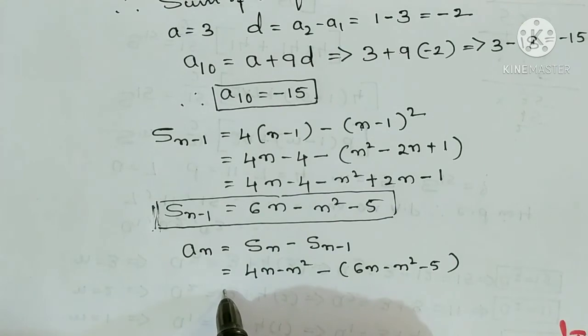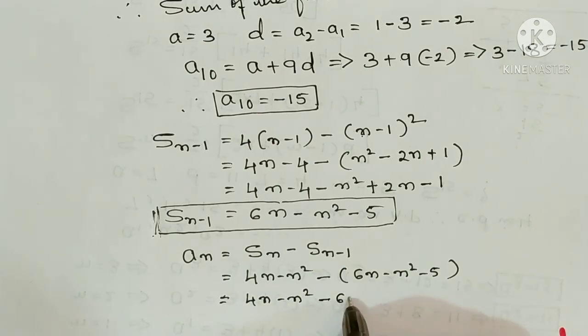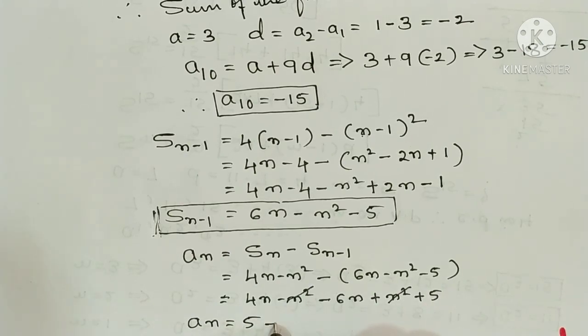This is equal to 4n minus n square minus 6n plus n square plus 5. Now minus n square plus n square get cancelled. 4n minus 6n is minus 2n, plus 5. That means An is equal to 5 minus 2n. Okay.